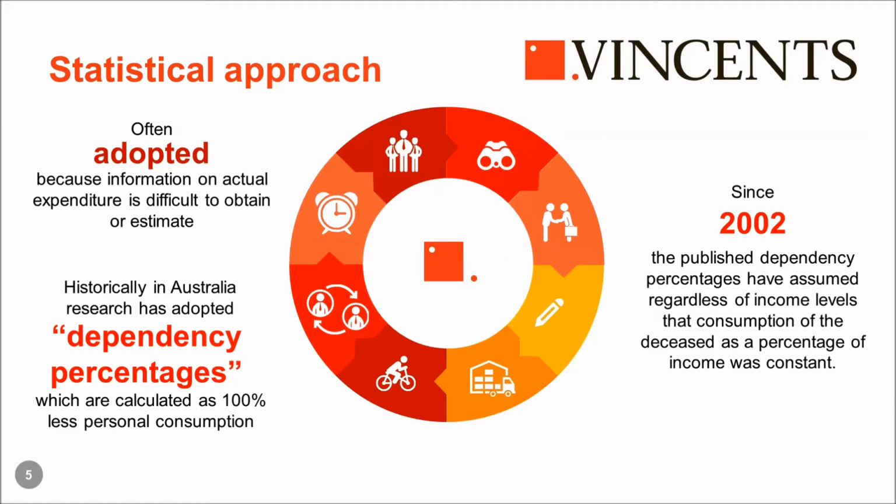So you could say that if you were at the lower end of the income scale, it would assume, for example, that 34.4% of your income was spent on personal consumption. Equally, it assumed that at the very end levels, people who were extremely high income earners would equally spend 34.4% of their income on personal consumption. Now, we'll go through this in a second, but we really don't think that that bears out at all.